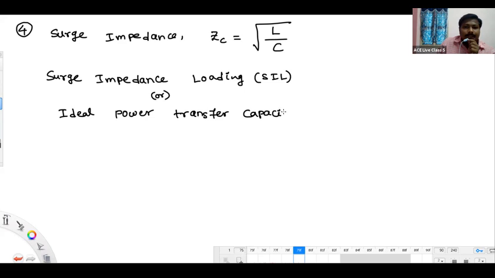See, I am giving this formula: SIL is voltage square by surge impedance. Voltage square by surge impedance.